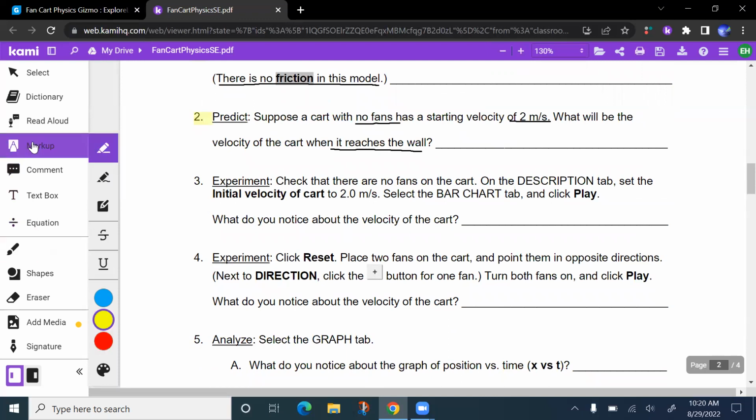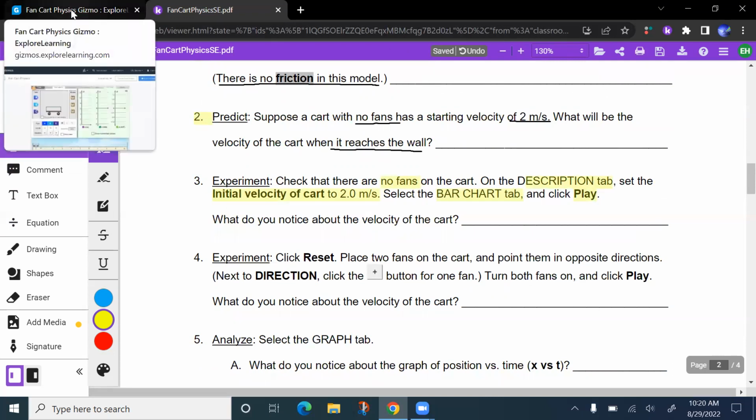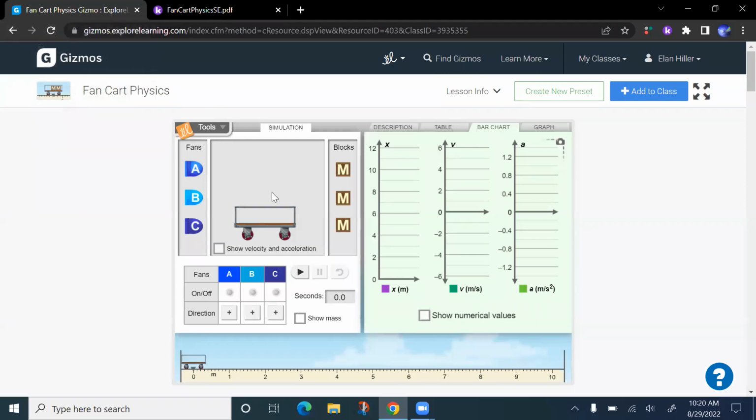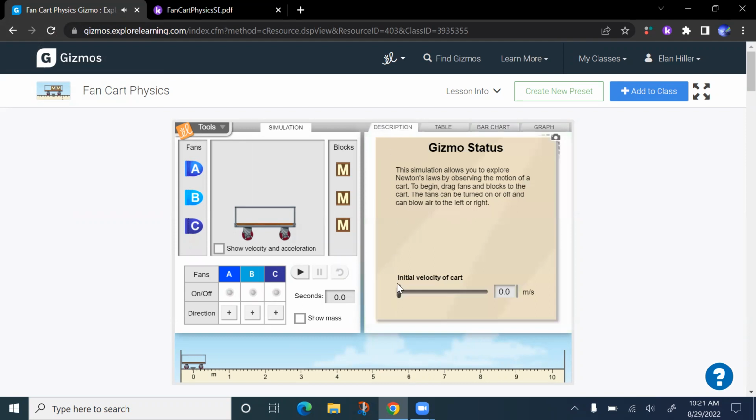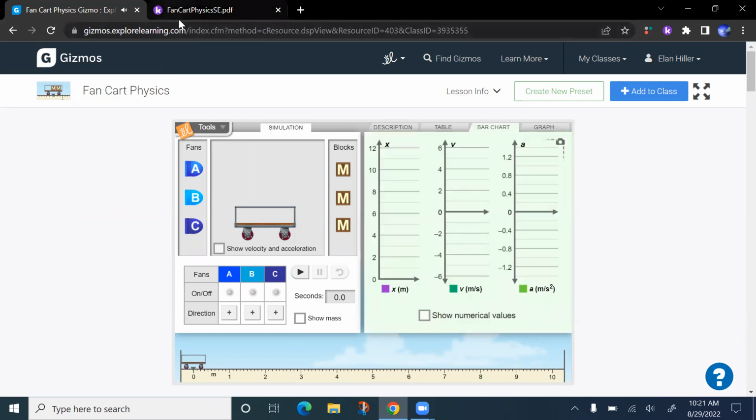You are going to make sure that there are no fans on the cart. On the description tab, you're going to set the initial velocity to 2 meters per second, and then you're going to select the bar chart and click play. Okay, we have no fans. For the description tab, we're going to set the initial velocity to 2 meters per second, slide it all the way over, and then select bar chart again.